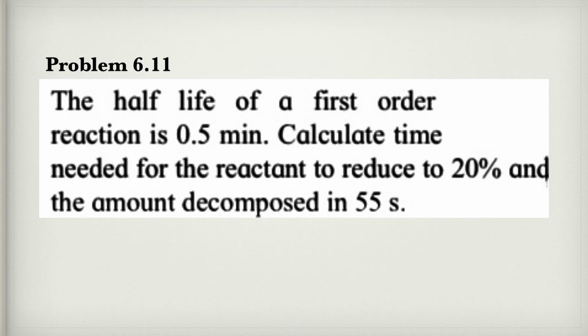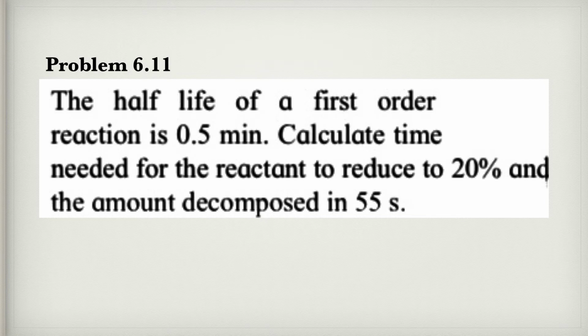Now over here we have to calculate the time needed for the reactant to reduce to 20%. In the previous problem I told you that whenever the reactant is decomposed to 20%, then initial will be 100 and the final will be 100 minus 20, that will be 80, right?